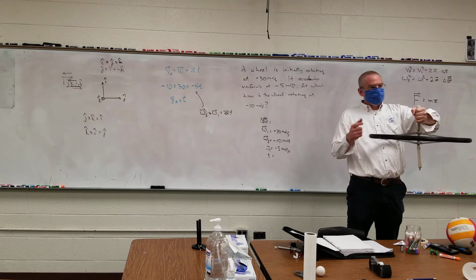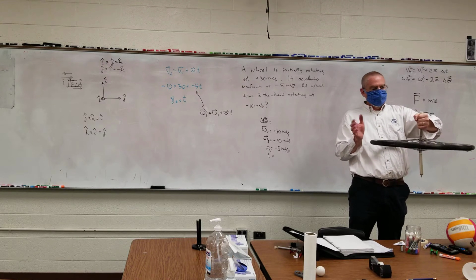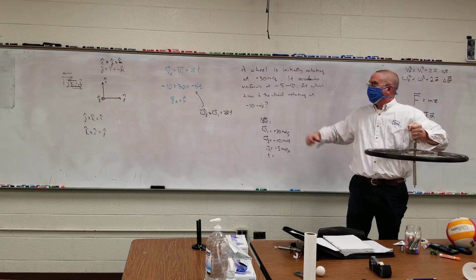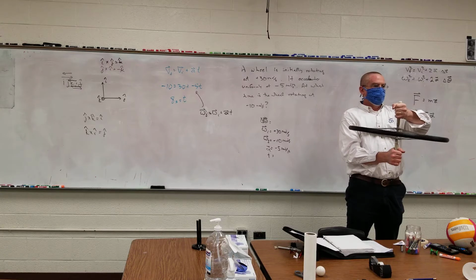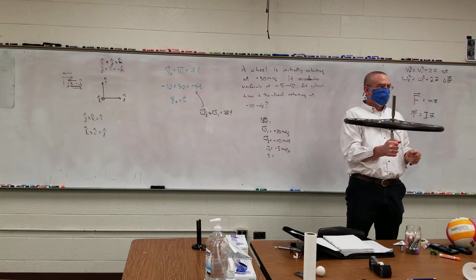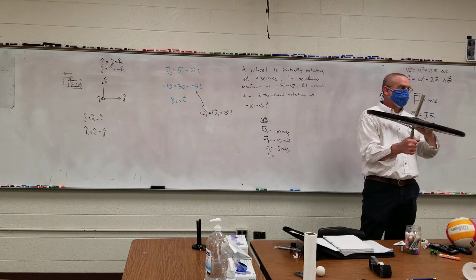So which way? I've got a couple people doing the thumbs up here, because it's spinning around like that. About the axis, my thumb is pointing up, it's pointing in the i hat direction. And that's based on your thumb? Yeah. The thumb points in the direction of the vector.